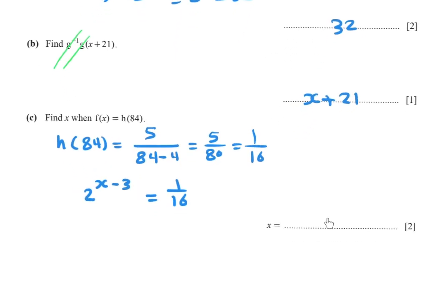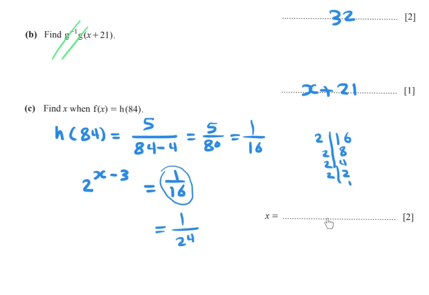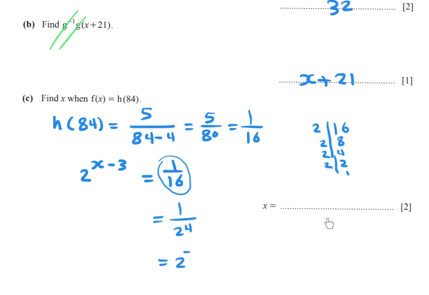Now to solve this equation, we can write 1 over 16 as 2 power what? 16 divide by 2 equals 8, divide by 2 equal 4, divide by 2 equal 2, divide by 2 equal 1. So 1 over 16, this means 1 over 2 power 4. So we can write it as 2 power negative 4.